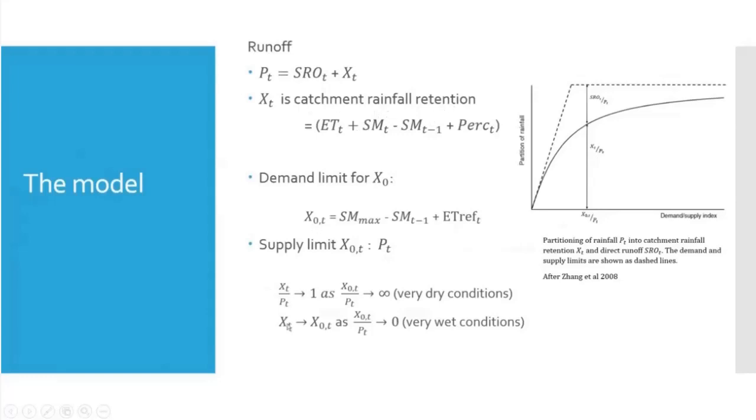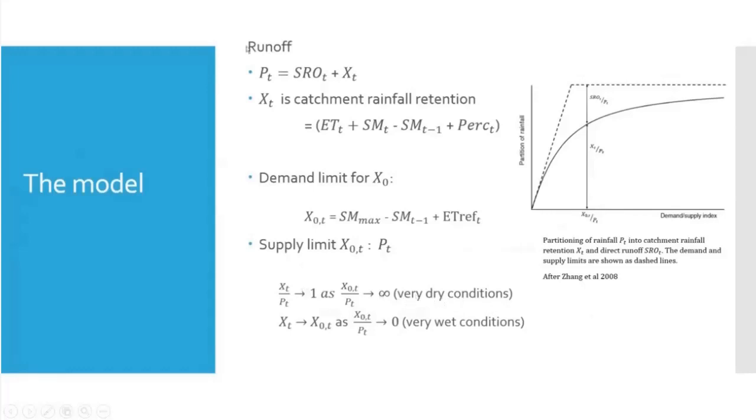So this relationship is represented using this graph. Here you can see the partitioning of precipitation into catchment rainfall retention, XT, and the surface runoff.